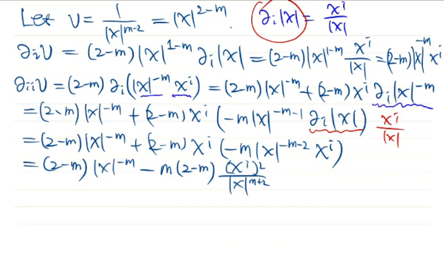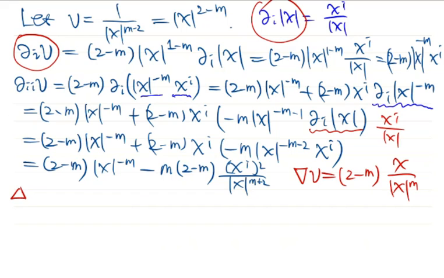Therefore, from the partial derivative of v with respect to xi, we know that the gradient of v is 2 minus m times x over the norm of x to the power m.